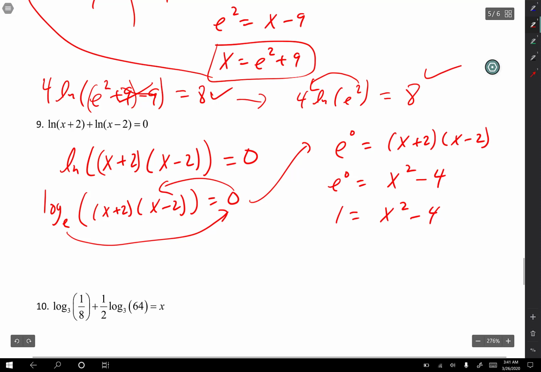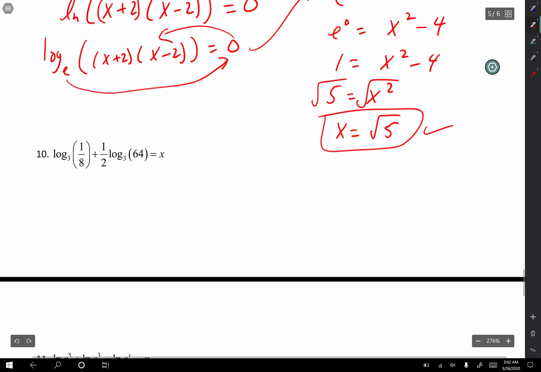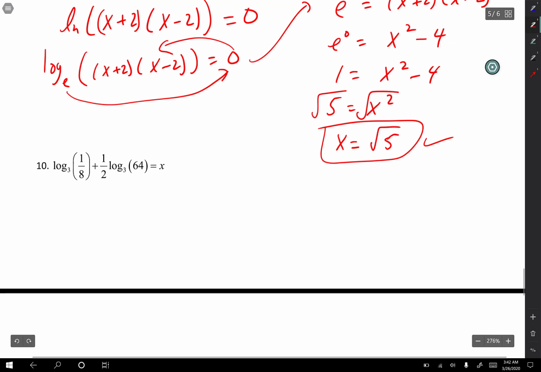Move the 4 to the other side. So 5 equals x squared, and then square root both of them. So x equals the square root of 5. So there it is. It can't be the negative square root of 5, guys, because negative square root of 5 minus 2 is going to be a negative argument. So just that one. All right, we got a few more.